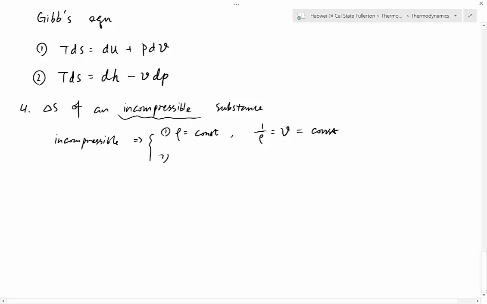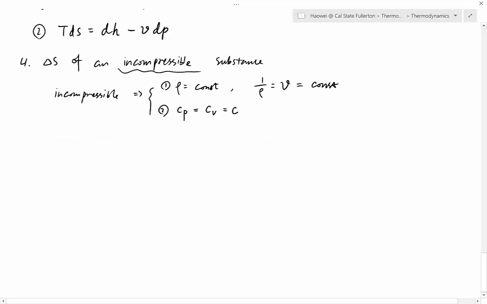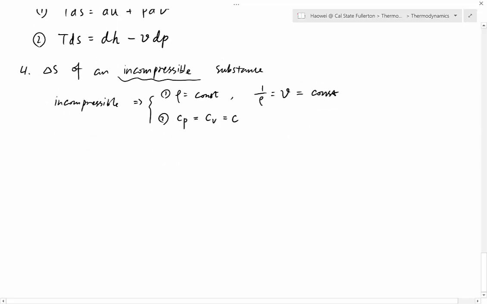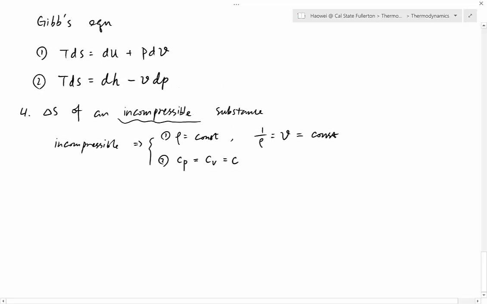And then the second thing you can get is specific heat at constant pressure, Cp, is equal to specific heat at constant volume, Cv, and you can just call them C. Okay, all right, so now we start from Gibbs equation number one. Gibbs equation number one is right here, TdS equal to du plus Pd nu.